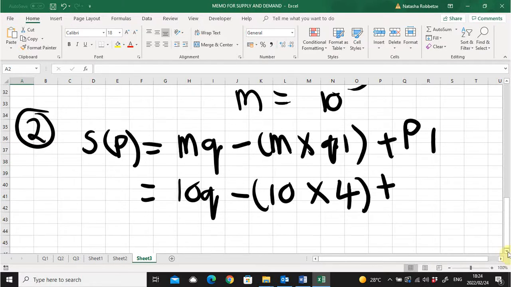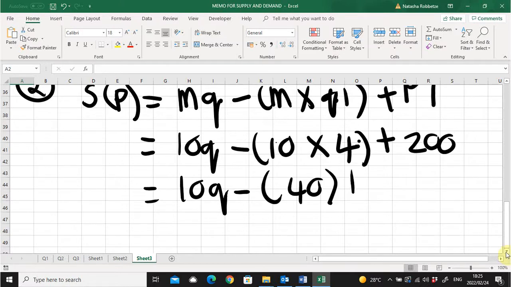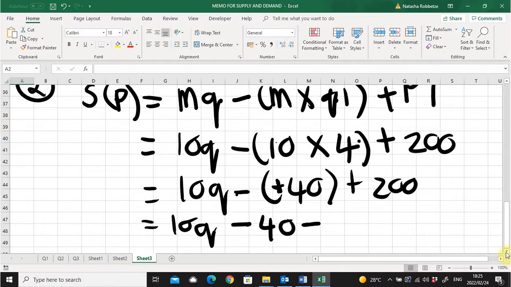And what was the price one? I believe it was 200. Now we need to just solve this equation by saying it is 10Q minus 10 times 4 is 40 plus 200. And that is then 10Q minus, this should be positive, right? So a minus and a positive gives us a minus. 40 plus 200.